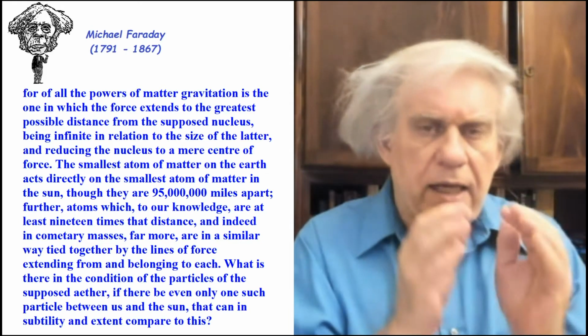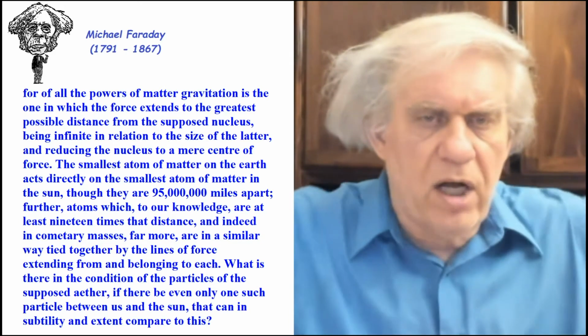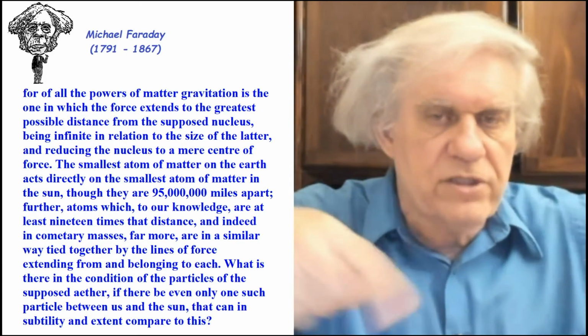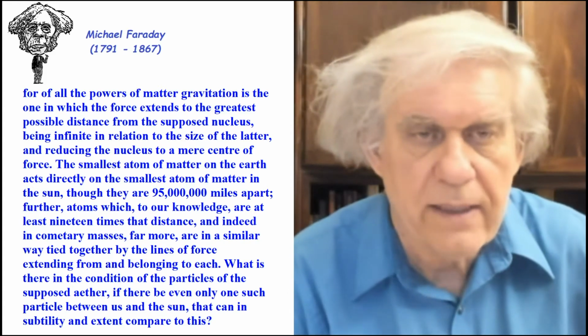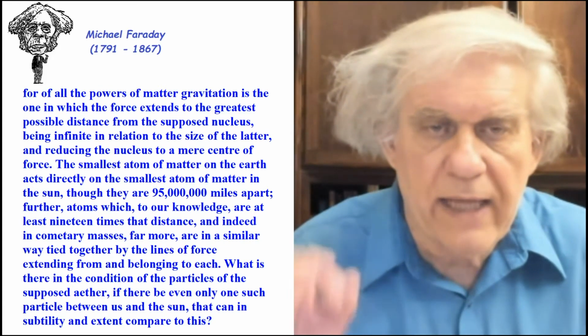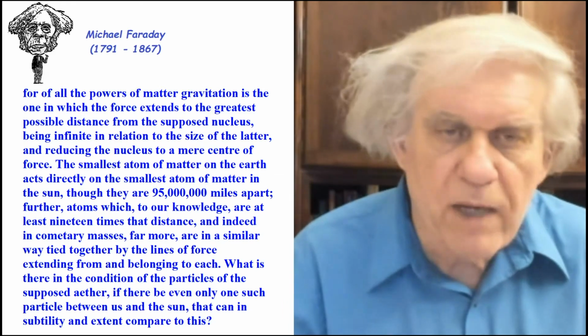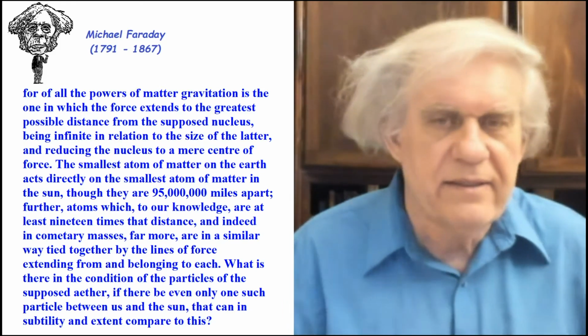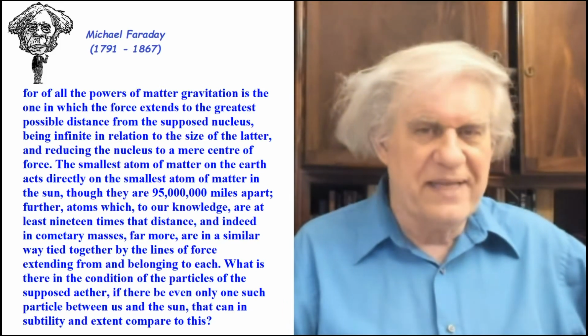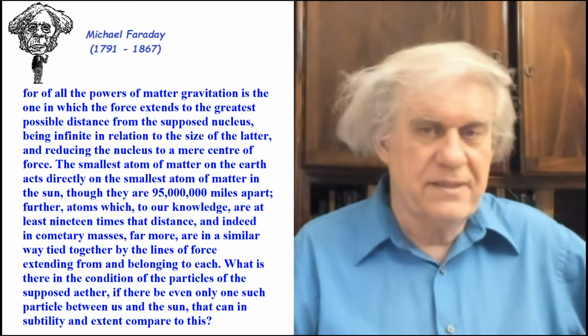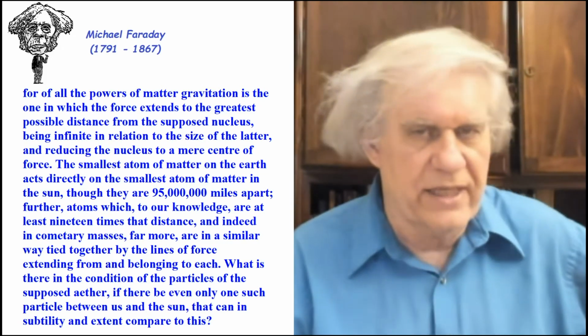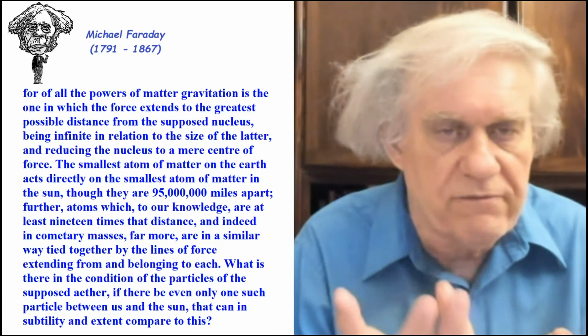That's all I imagine. And he's saying, that's the nucleus, and it's got all these ramifications that converge upon that so-called atom. The smallest atom of matter on the earth acts directly on the smallest atom of matter in the sun. How does it do that? And he's suggesting that there is some connection there, some physical connection. He's insinuating this, intuitively.